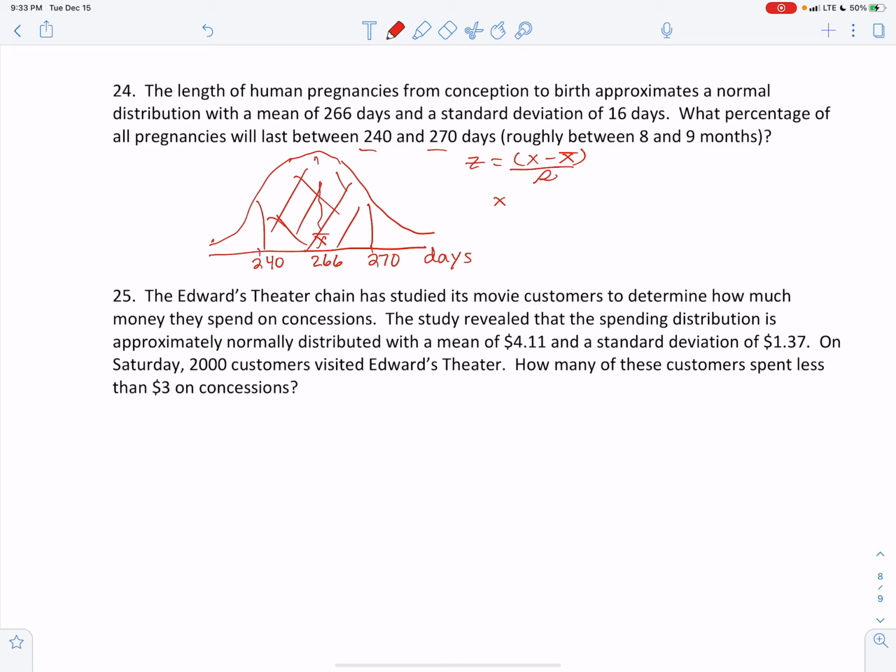So if the value is 240, the z-score is 240 minus the mean of 266 over the standard deviation. We said the standard deviation was 16. Now we round all z-scores to two decimal places. So I have a negative 1.63.